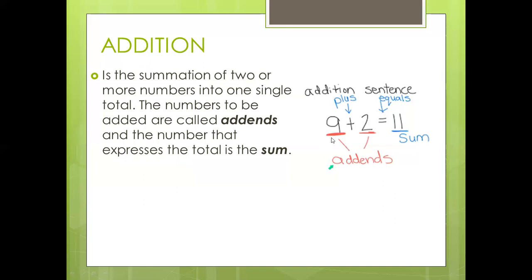If we add 9 to 2, the sum would be 11. In writing or saying this, we say 9 plus 2 is equal to 11. Basically, addition is the action or process of adding something to something else. It is also calculating the total of two or more numbers or amounts.